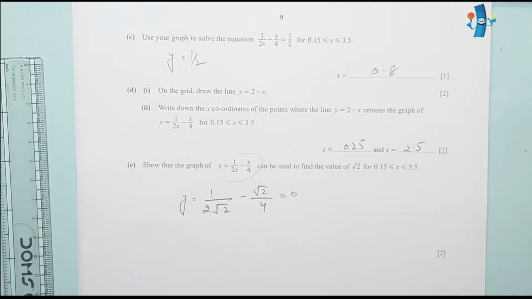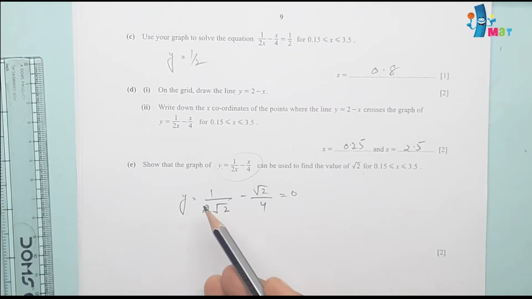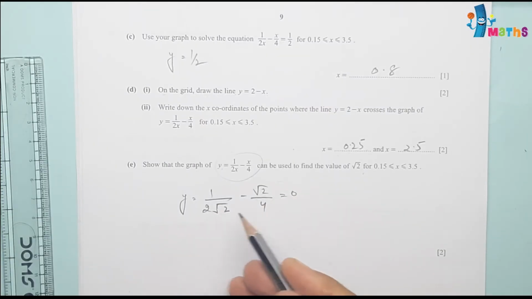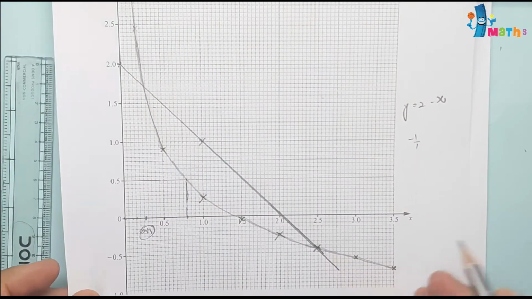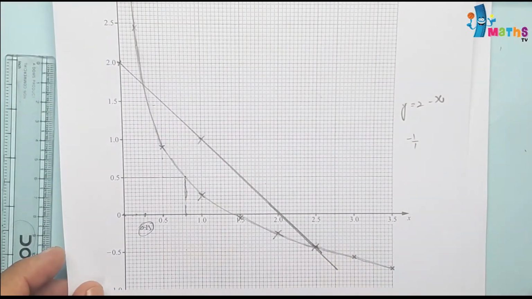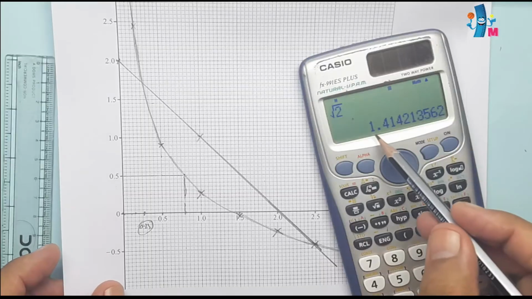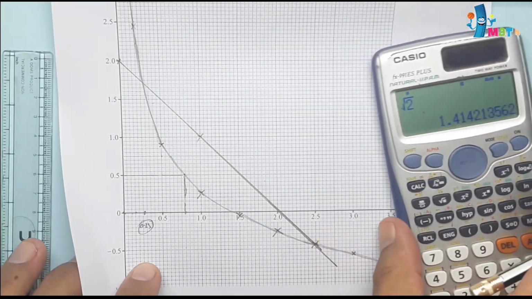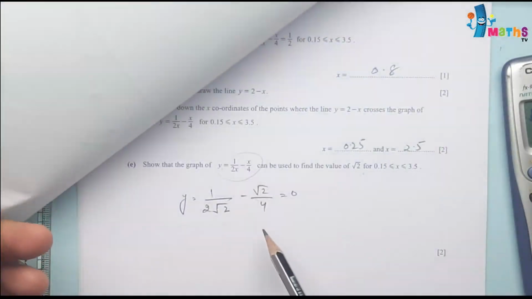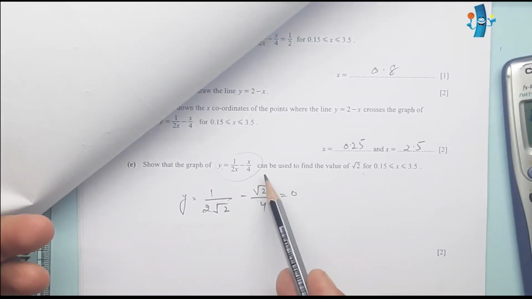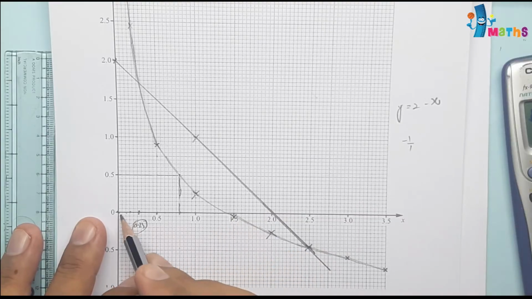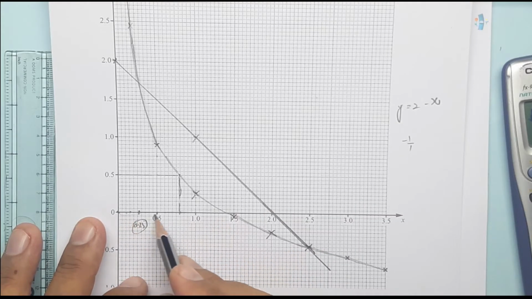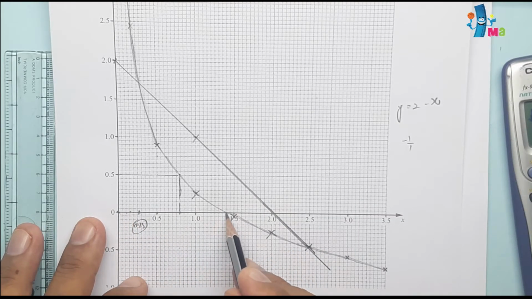Now the question is how we can use the graph to check the root 2 value. If we go through the graph again and check, for example here, root 2 means this one, 1.4, the value for x. So if we go through 1.4, it is this point.